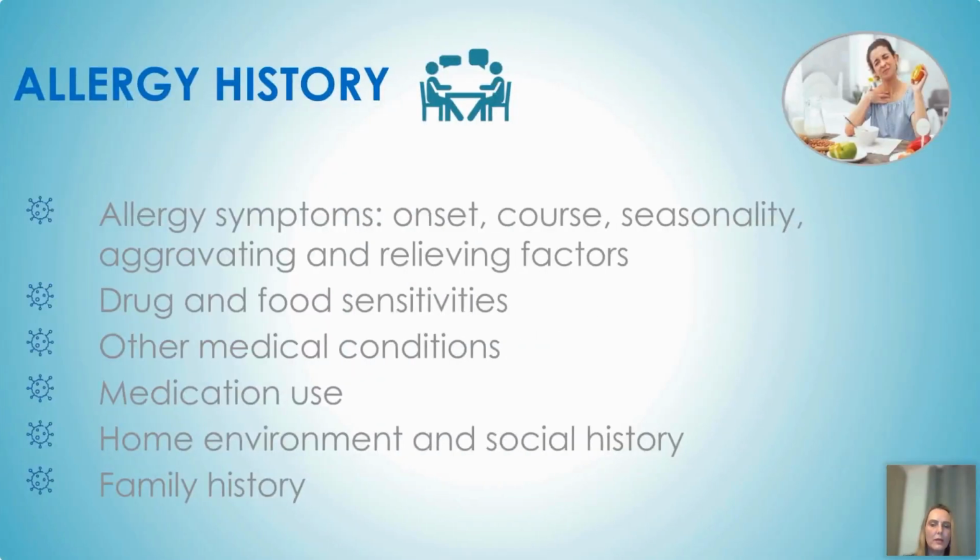We won't go into the food and allergy history at this stage, but it's important to look at the specific allergy symptoms, the onset, the cause, the seasonality, aggravating and relieving factors, and then drug and food sensitivities and other medical conditions, medication use, and then home environment, social history and family history.